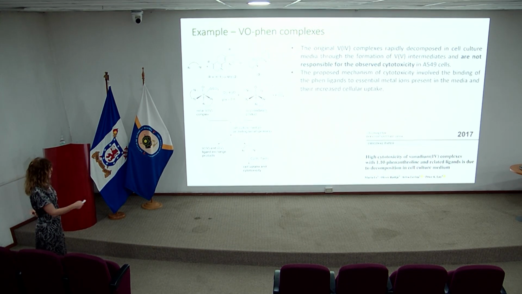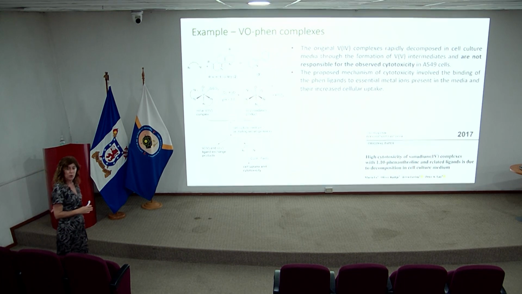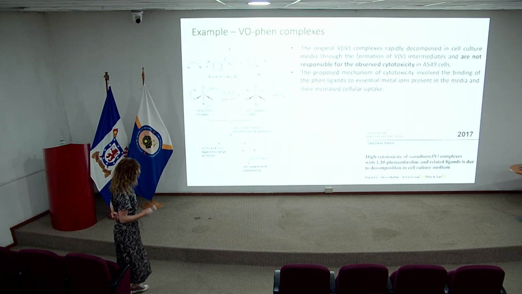So they also propose that there is oxidation from vanadium 4 to vanadium 5, and then decomposition which yields phenanthroline, which then binds endogenous metal ions, copper and iron.